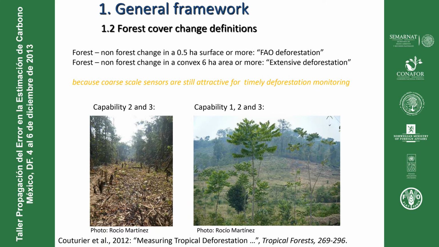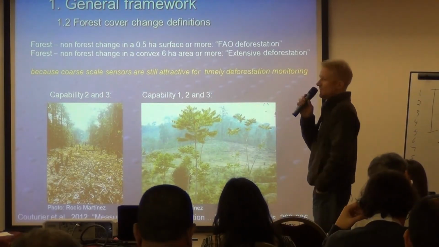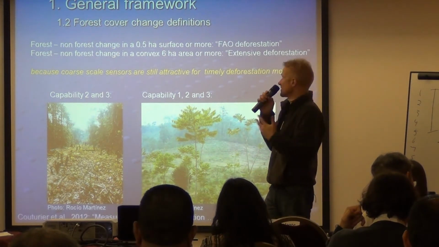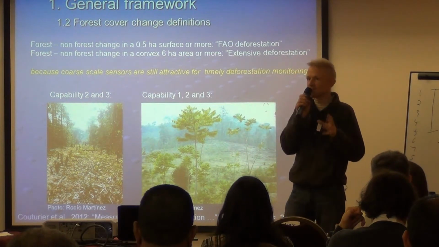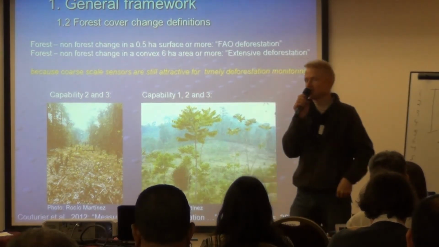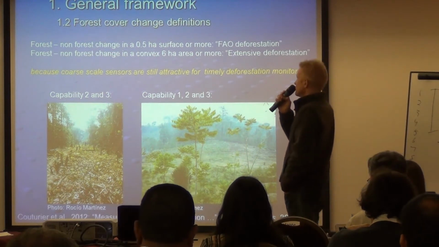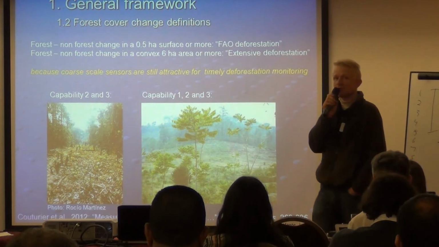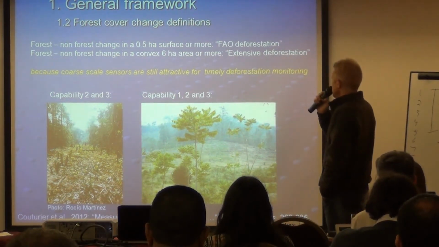Additionally, we considered a forest, non-forest change in a convex 6 hectares area or more that would look more like the deforestation detected with coarse-scale sensors, and we named it extensive deforestation. And this is because coarse-scale sensors still are somehow attractive, at least for the last 10 years or so, to try and measure deforestation.